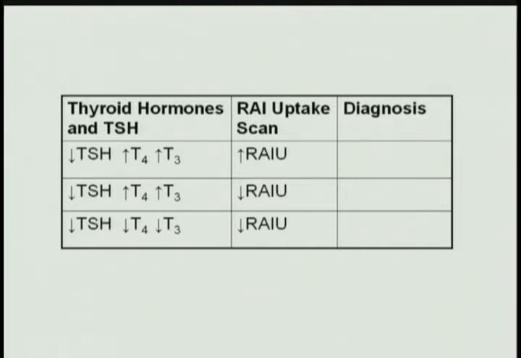The second case is even more interesting because look at this. This patient has an elevated T4 and an elevated T3. Now that's exactly how the prior patient presented. The TSH is decreased. Now this patient presented exactly the same way, but the reason that you thought of doing the radioactive iodine uptake scan is because you noticed in this patient that he or she didn't fit the typical patient with hyperthyroidism.